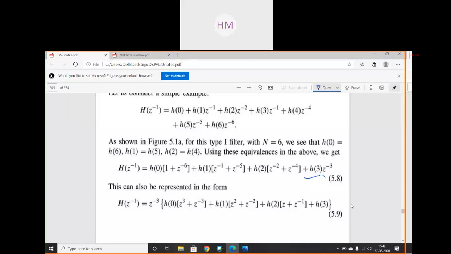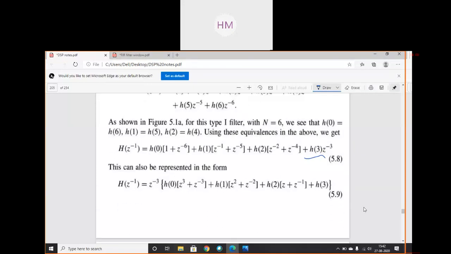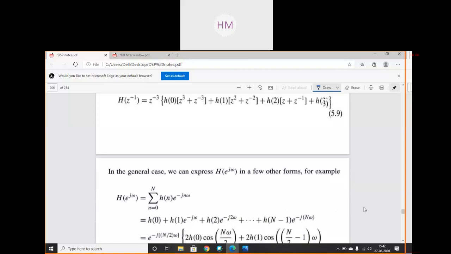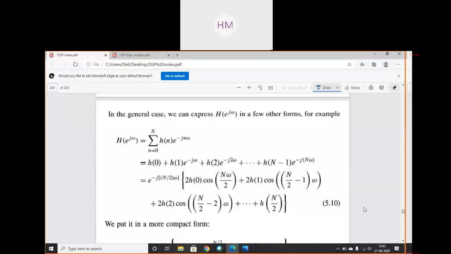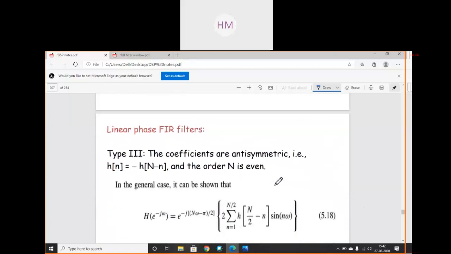So this can be represented in the form of cosine, but it was not required for you. Similarly, we are having type 1, type 2, type 3 and type 4. Type 3 is associated with the same n even, but it is antisymmetric. Your output could be antisymmetric also.